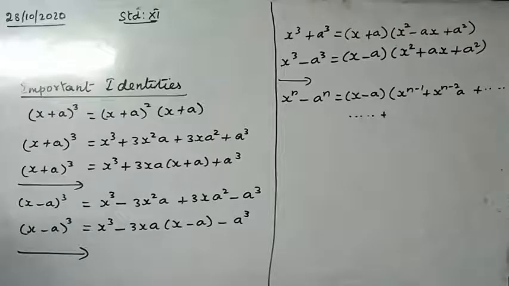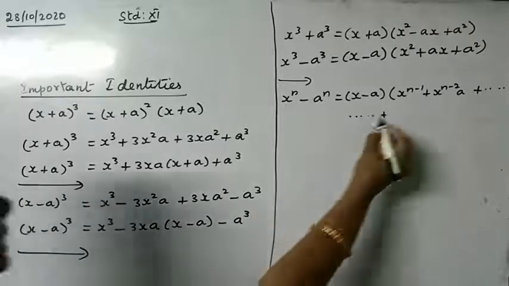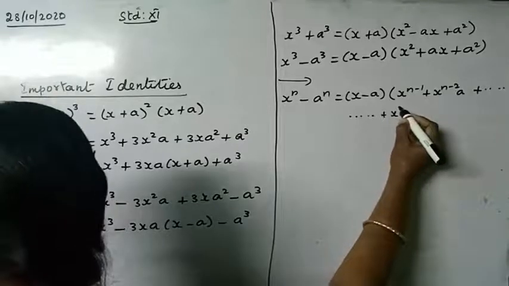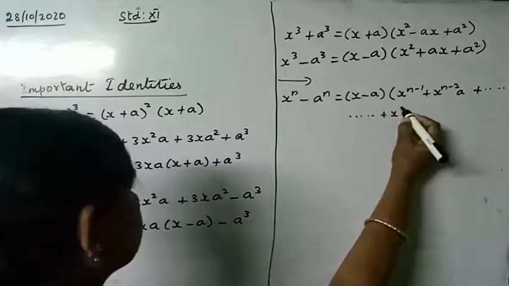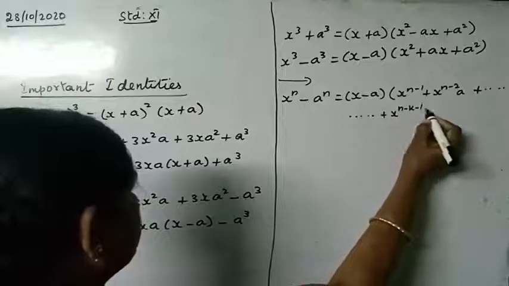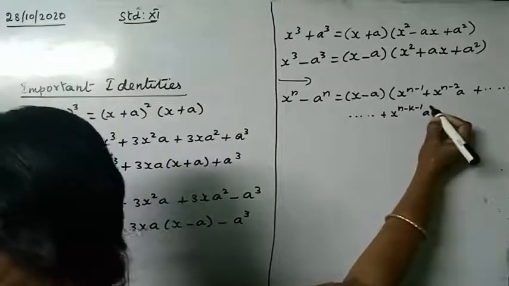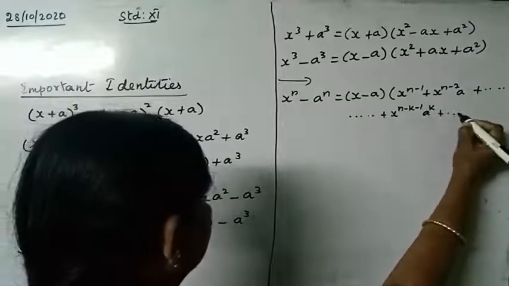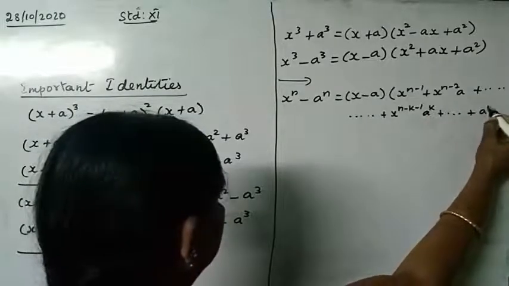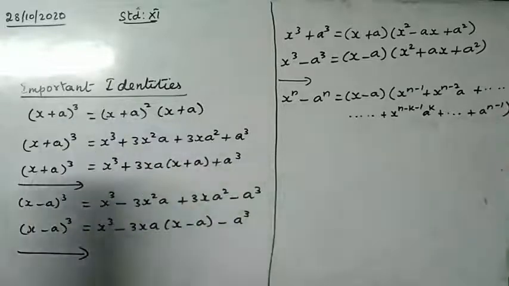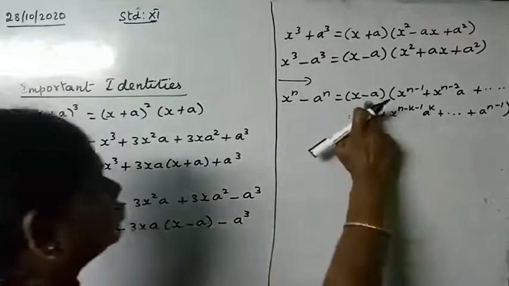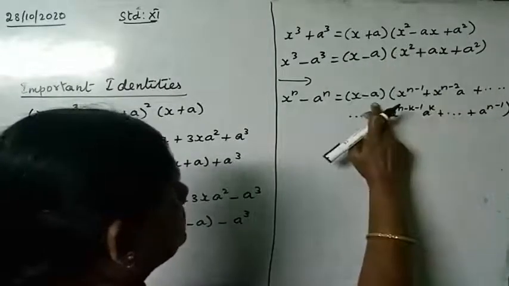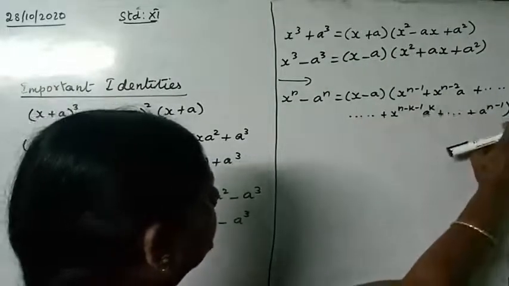If I take any middle term, then x power n minus k minus 1, a power k, and it can be continued up to a power n minus 1, because one a is taken out here. See here, a and a square is a cube. So one a is taken here. So up to a power n you should not write.